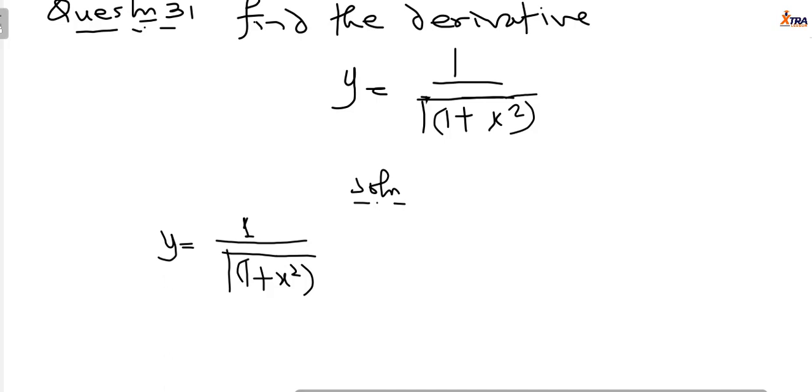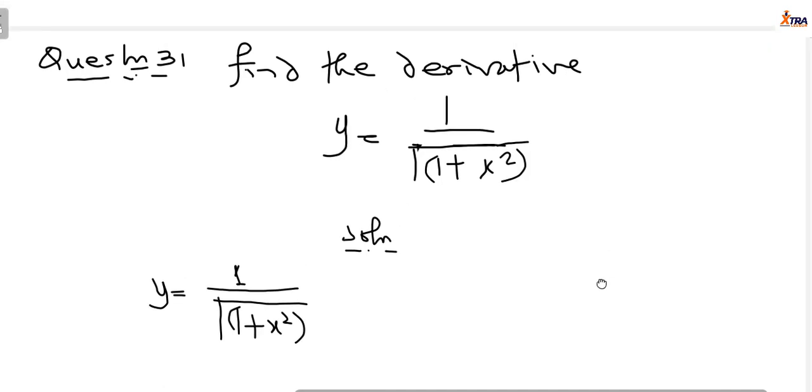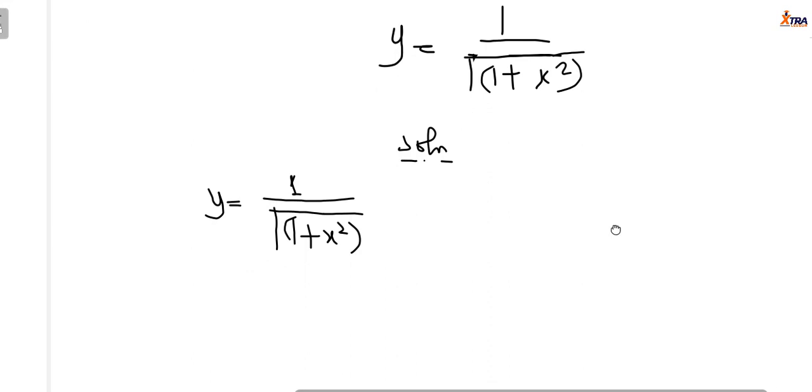Now, if I have root x, from our indices, we can change this to x to the power 1 over 2.